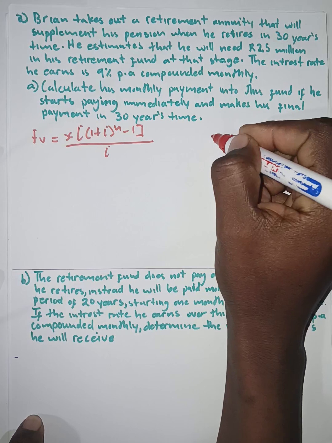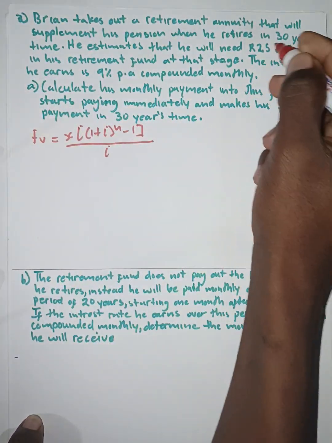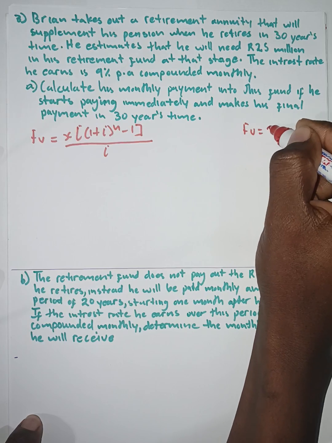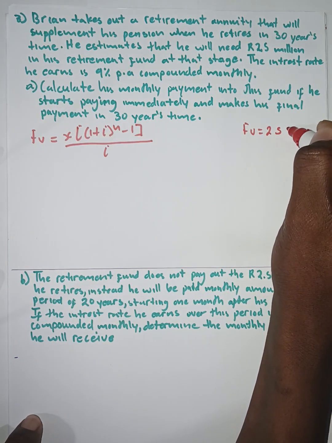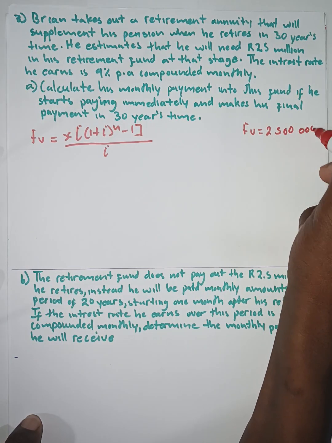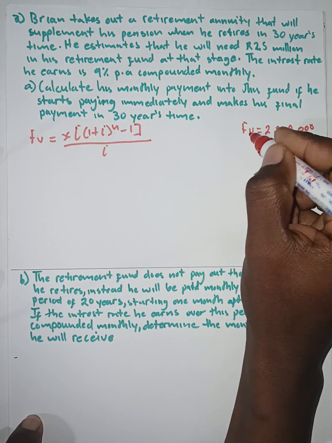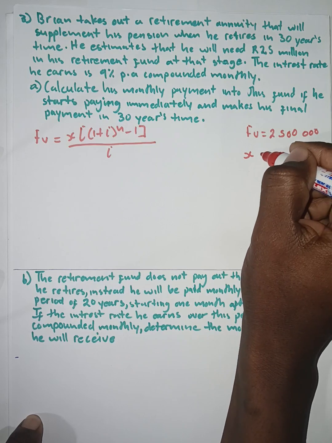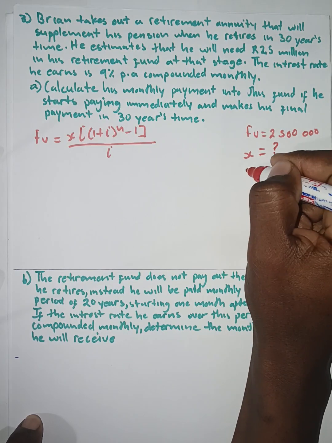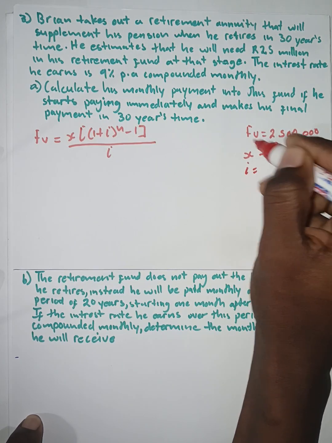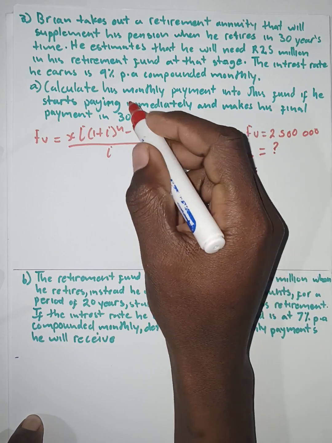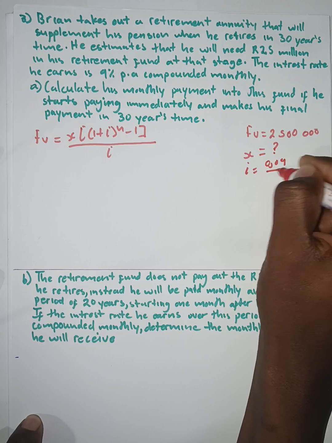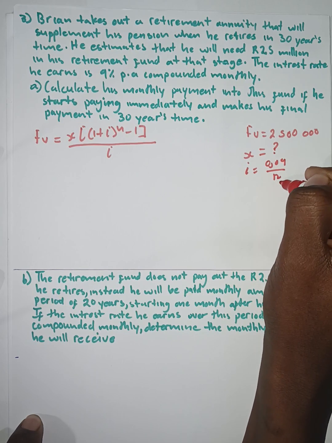We know that the future value that he wants is 2.5 million, right? So FV is 2.5 million. We don't know the monthly payments, and that's what they are requiring us to calculate. We know the interest rate is 9% per annum compounded monthly, so this would be 0.09 divided by 12, since it's monthly.